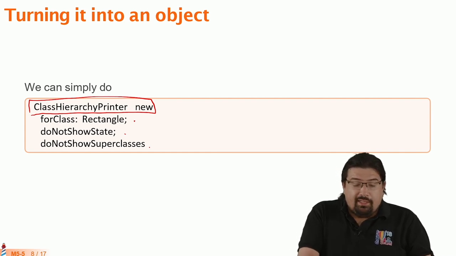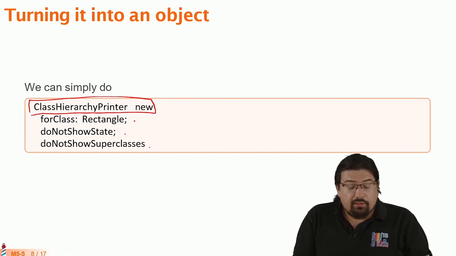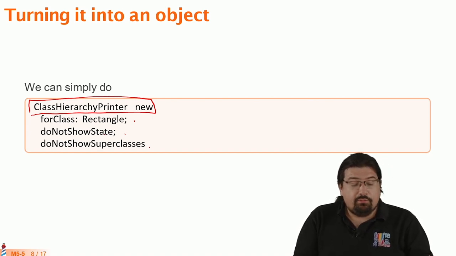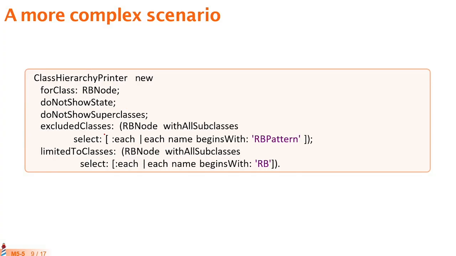A more complex idea, this is a really simple one: we are going to print the Rectangle class, not showing the instance variables, not showing the superclasses, but we can get more and more complex. For example, saying we want to print the RBLintRule class, not showing the instance variables, not showing the superclasses. We can send or not send these messages as we want, and then we can pass one or two collections saying which are the classes to exclude and which are the classes we are limiting on.